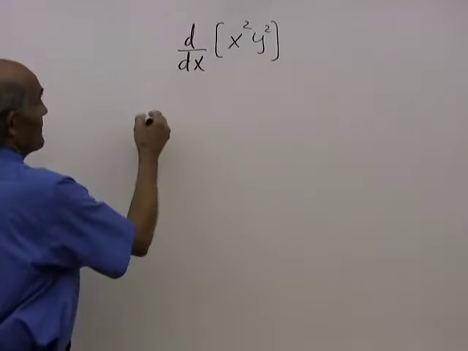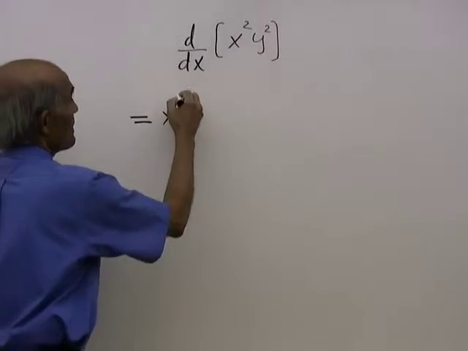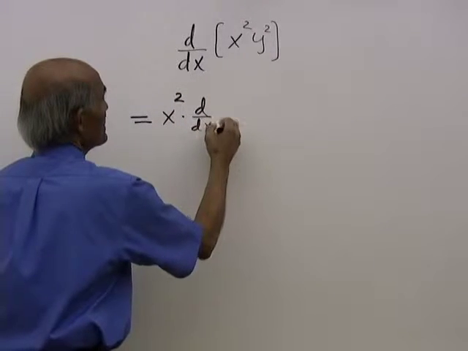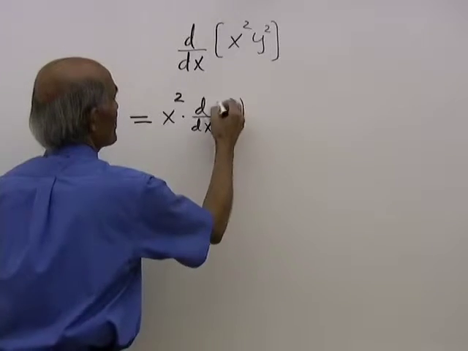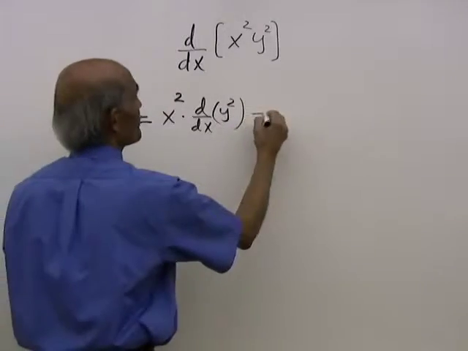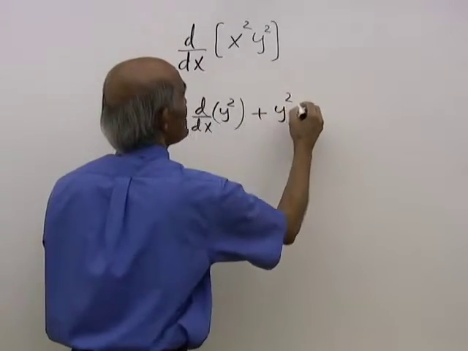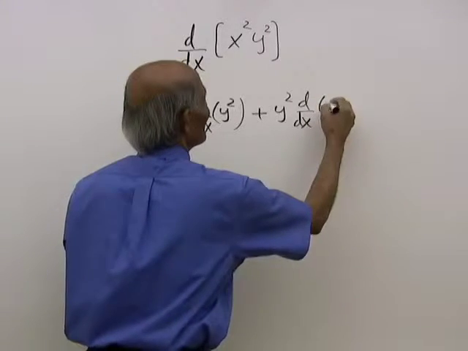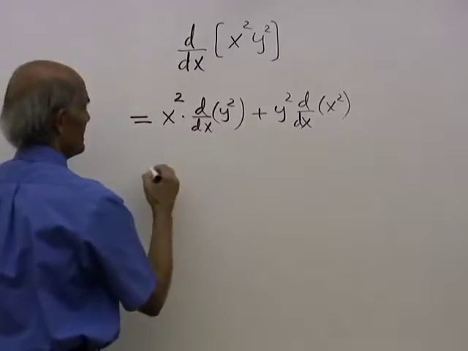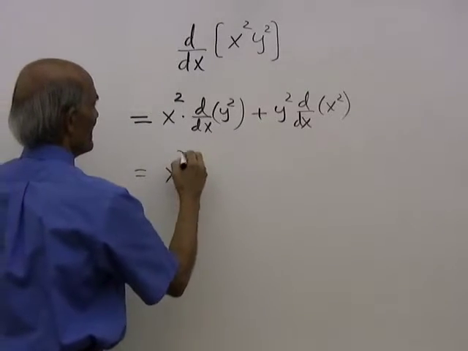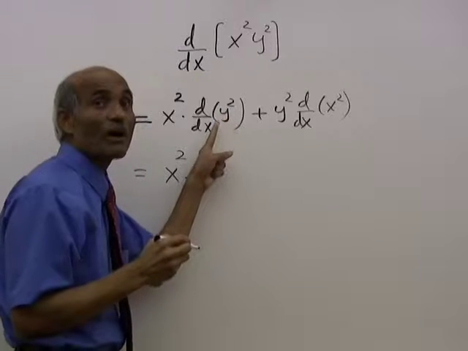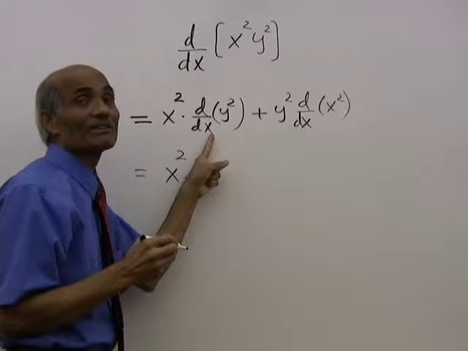So, let's do that. That will be the first function times d by dx of y squared, plus y squared times d by dx of x squared. And that will be x squared times, what is the derivative of y squared with respect to x?